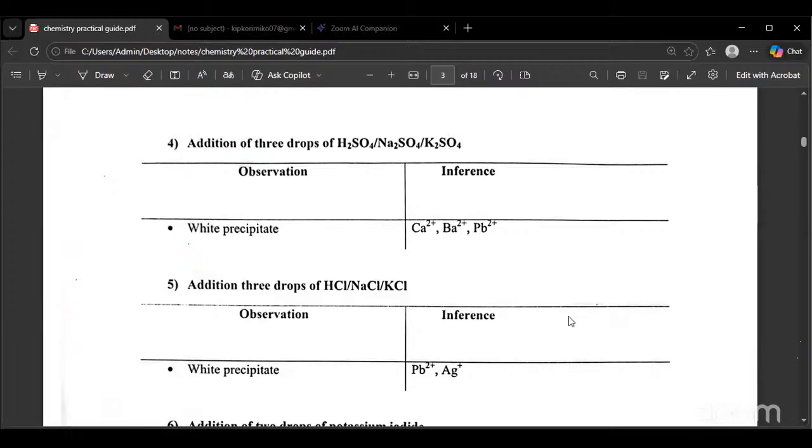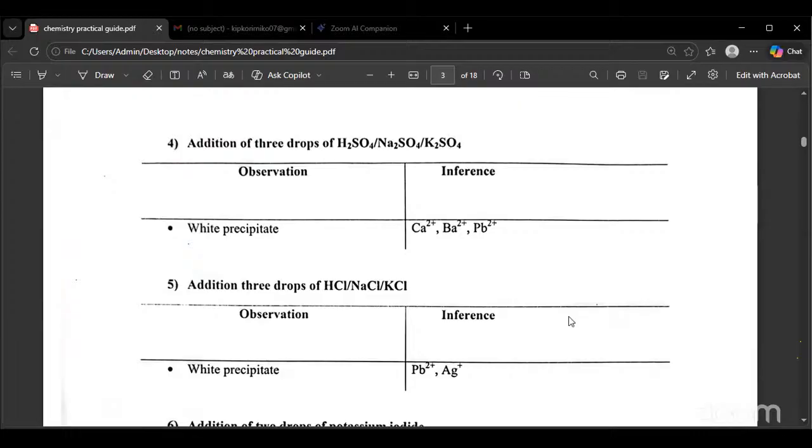And then I went to sulfates. All sulfates are soluble except calcium, which is slightly soluble, barium, and lead. And then I went to chloride and I said all of them are soluble except silver and lead, but lead chloride is soluble on warming. Now, this is what they ask. The next question, you add and it forms like that. So a white precipitate forms, so your inference will be lead ions and silver ions present.